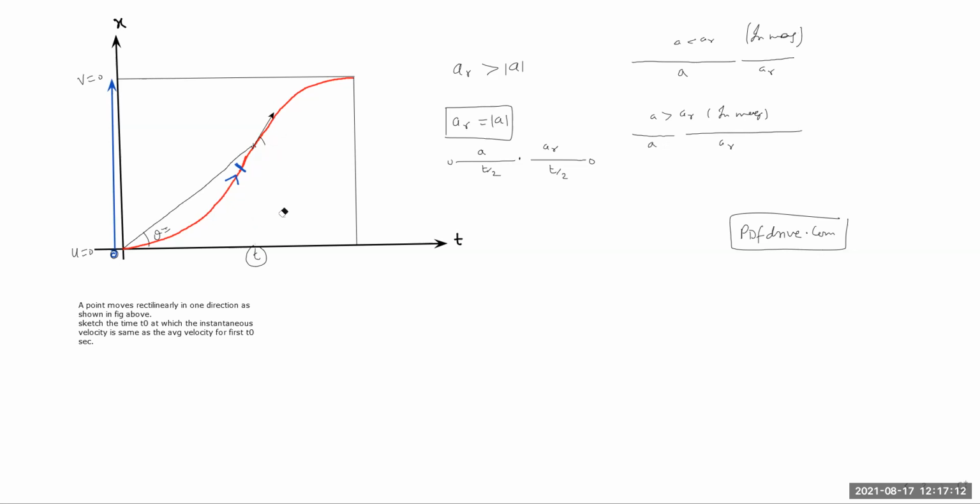The slope of the secant and the slope of the tangent should be equal. So what we need to do is start from the origin and draw a line which is tangent to the graph. See, at this point, this is the tangent to the graph also, right?